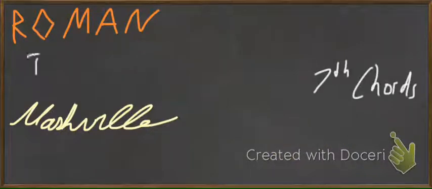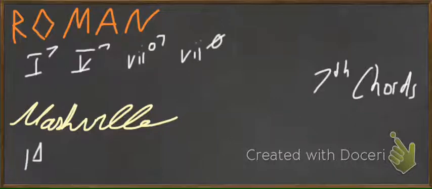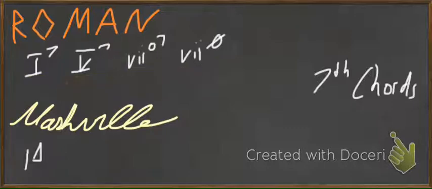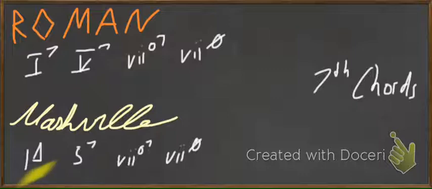Let's move on to the 7th chords, where we have in the Roman numerals the following series that you should be familiar with: a dominant 7 here, and the major 7 here, a diminished 7 here, and a half diminished 7 here. The corresponding Nashville numbers look as follows. The only difference we see here is actually that we have a different symbol for the major 7.